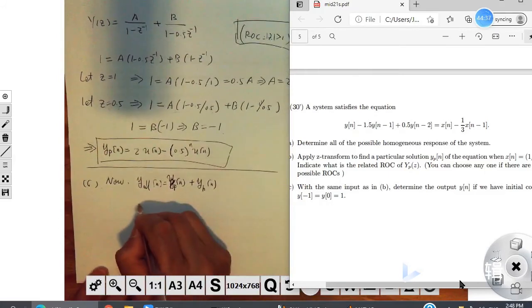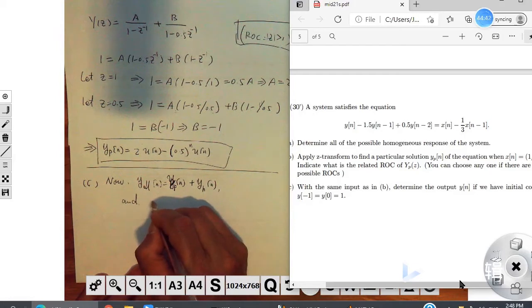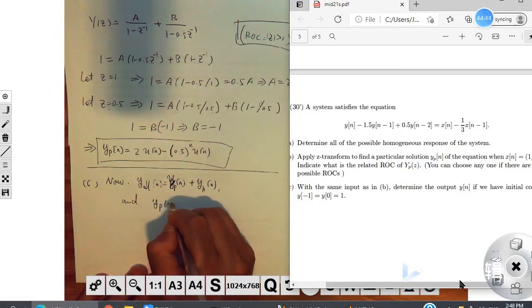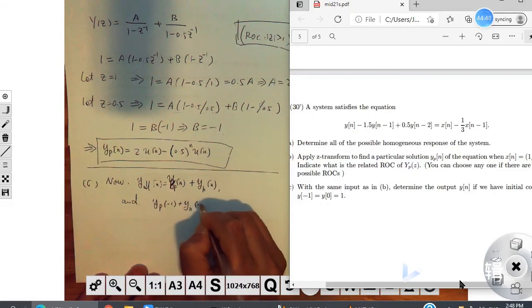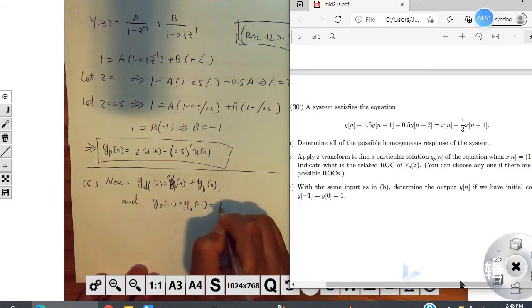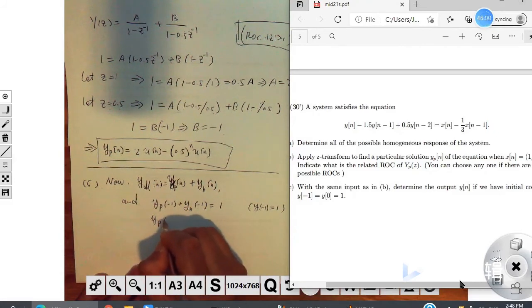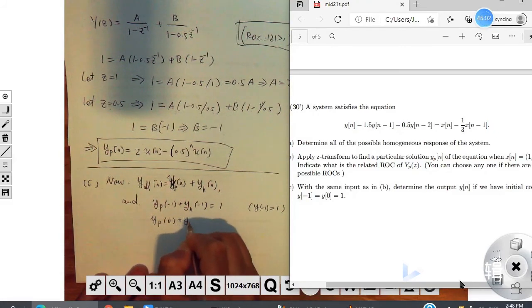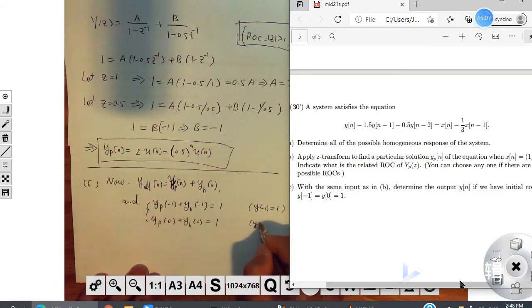So y particular at n equals -1 plus homogeneous at n equals -1 is the first initial condition, y of -1 equal to 1, right? And y particular of 0 plus y homogeneous of 0 will also be 1. This is the other initial condition.